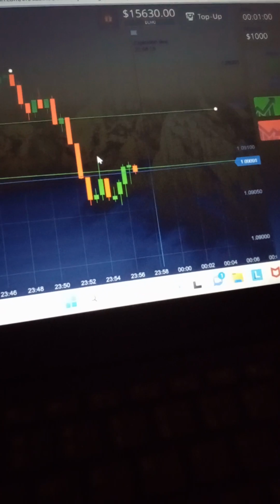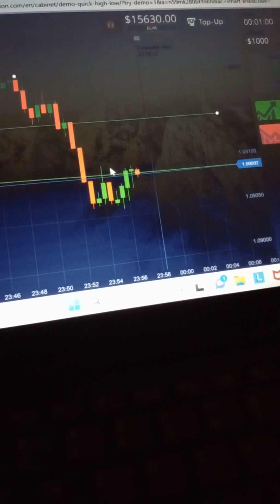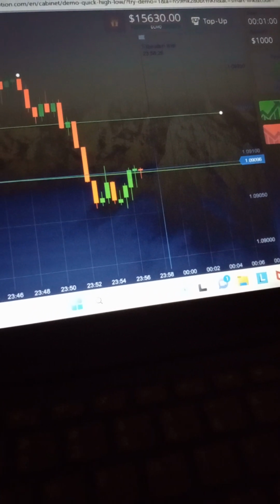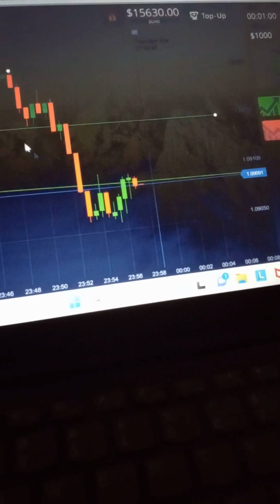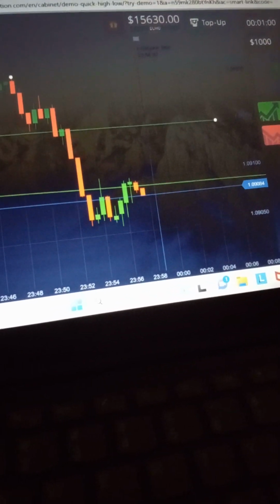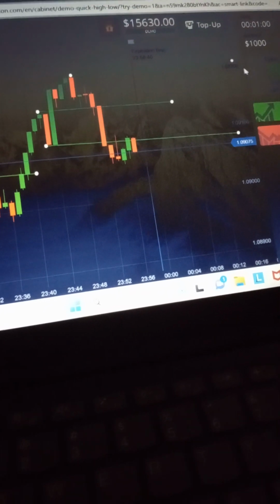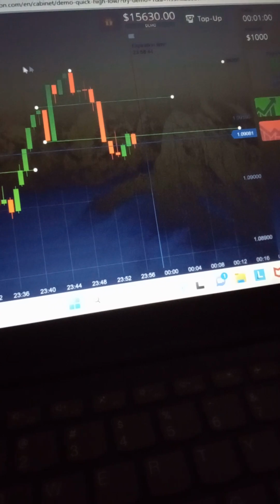Now if price breaks through this high right here, it's going to go back up to, let me see, possibly this level here, the 1.082 level.